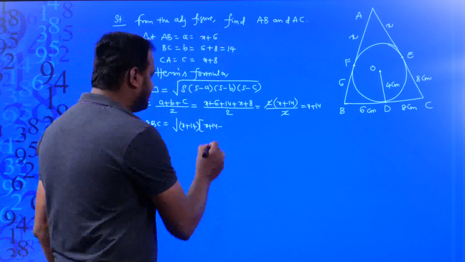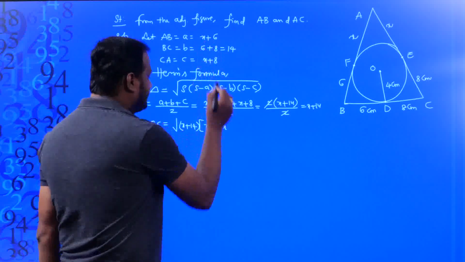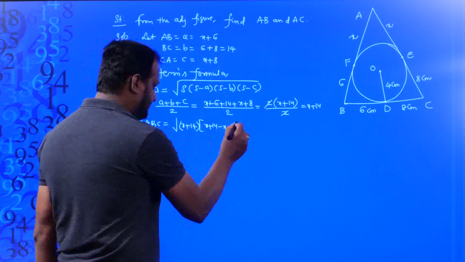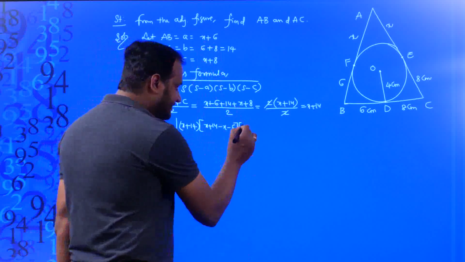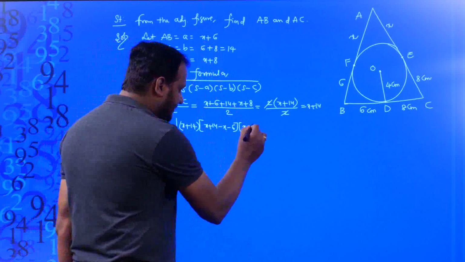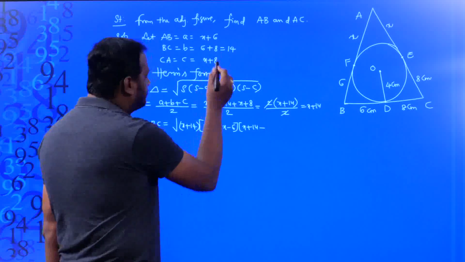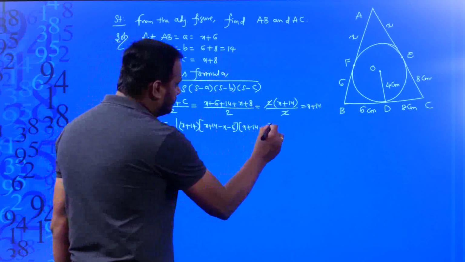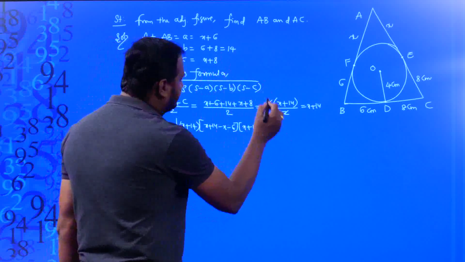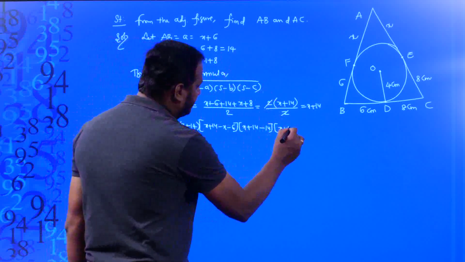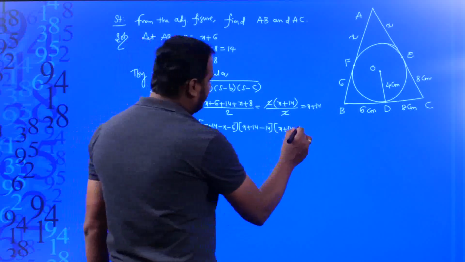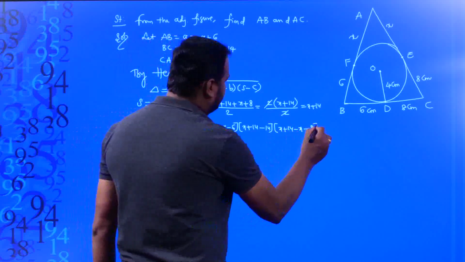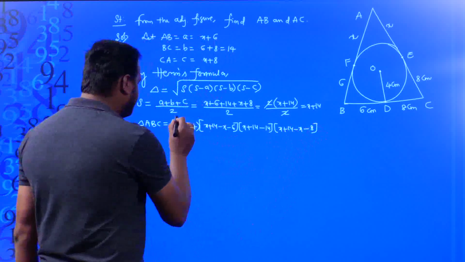So minus into x is minus x, and minus of plus 6 equal to minus 6, that is s minus a, into s minus b. Again s is equal to x plus 14 minus b, b is going to be 14, into s minus c, again x plus 14 minus what is c here? C is equal to x plus 8, so that is minus x minus 8. Hope you understand this substitution.